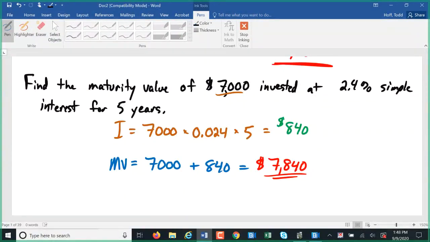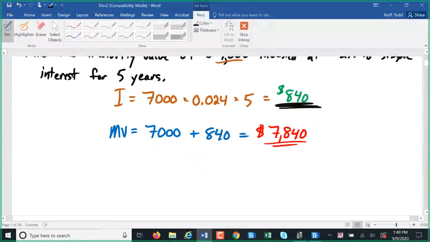Like on this one here, if they did simple interest, at the end of 5 years, there's $840 in interest out there that they owe. Rather than having that all go on the books at once, they'd like to keep track of that as they go. So they don't want to wait 5 years to figure out what they owe this person or what that person owes them. So simple interest typically applies on short-term items between 3 and 6 months long.